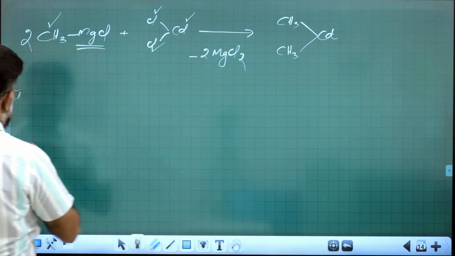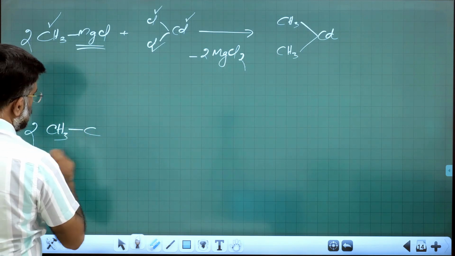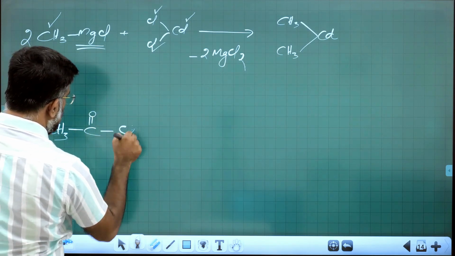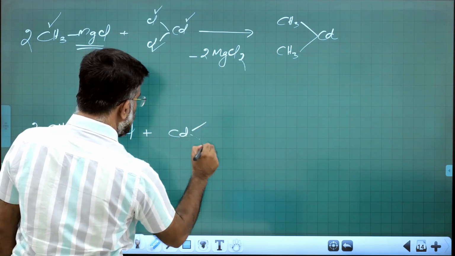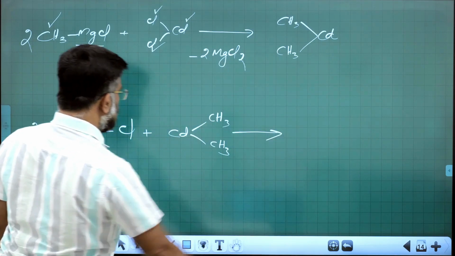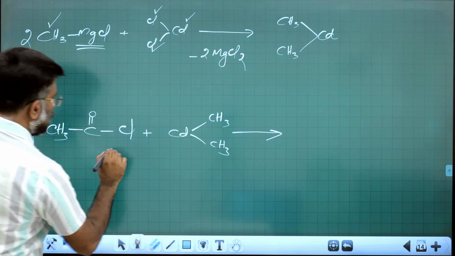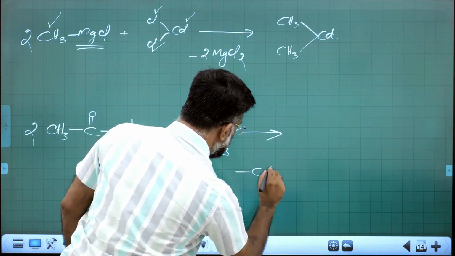Now that interacts with two molecules of acid chloride. See, this is an acid chloride RCOCl, which is interacting with the dialkyl cadmium CH3, Cd, CH3. This chlorine and this cadmium go out as CdCl2.